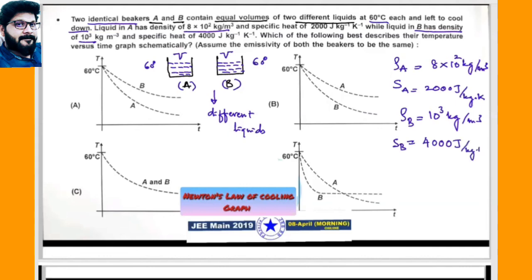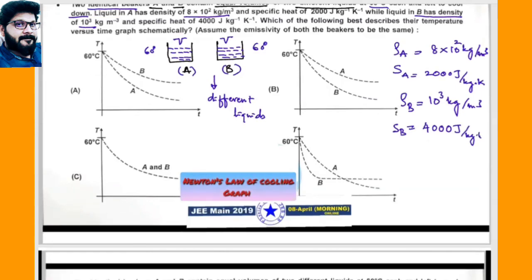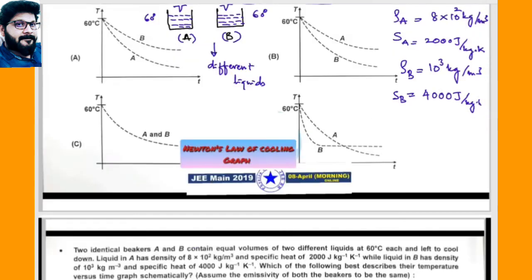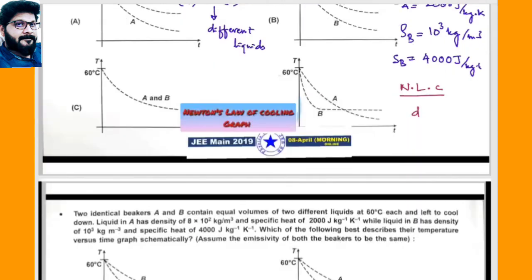Which of the following describes the temperature versus time graph? Assume that the emissivity of both beakers is the same. From Newton's law of cooling, the magnitude of the rate of cooling is inversely proportional to m into s, where s is the specific heat and m is mass.